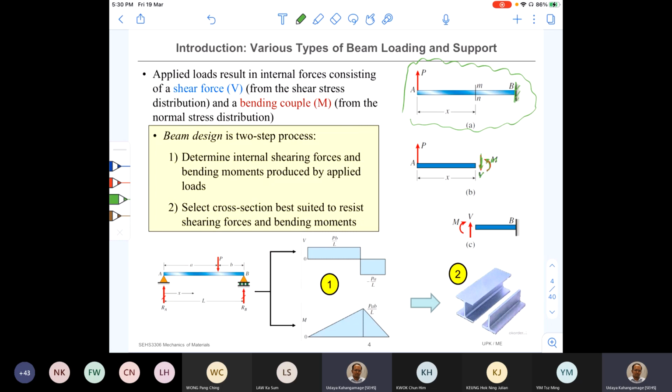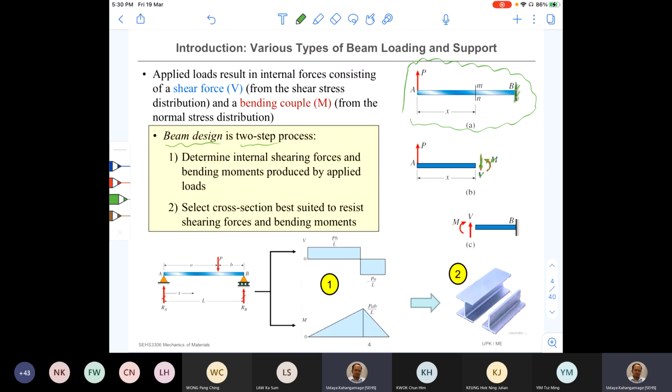So we need to apply this bending moment to counter that. This shear force V and bending moment M, I told you, vary along the length from A to B, right? So when you are designing a beam, the first thing is to find out where the maximum force is, where the maximum bending moment is, right? So therefore, the first thing that we do in beam design, in fact there are two steps.